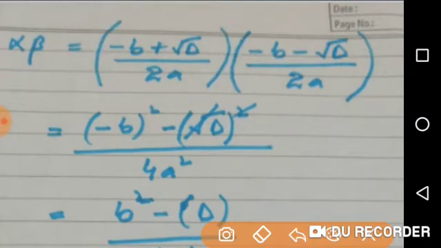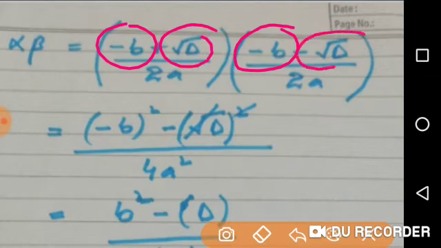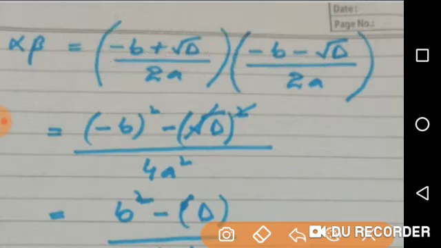Then in the numerator we find minus b plus root d and minus root d. So it is just like the formula a plus b into a minus b, which will be equal to a square minus b square. Here a is minus b and b is root d.